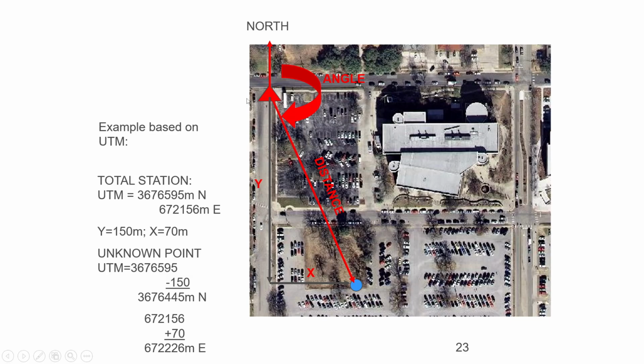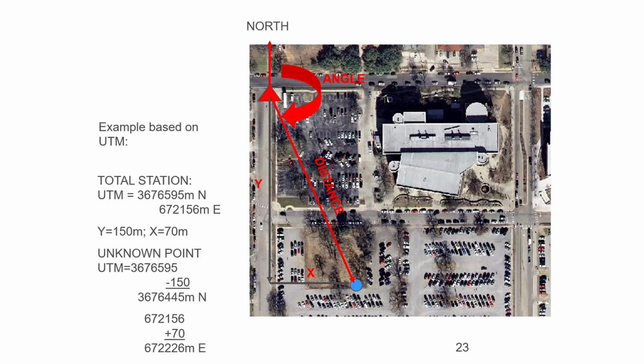Here you can see an example of total station work. The triangle point is the place of the total station. Then we must orient it to the north.